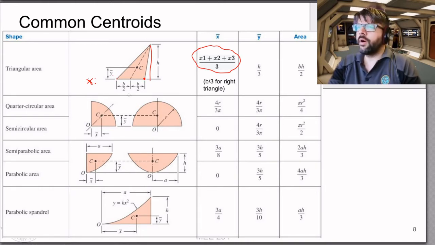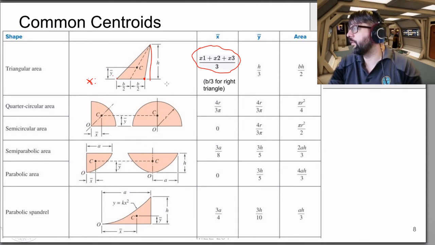I don't know why they didn't include that in your textbook. Feel free to go ahead and add that: just x1 plus x2 plus x3, divided by 3.